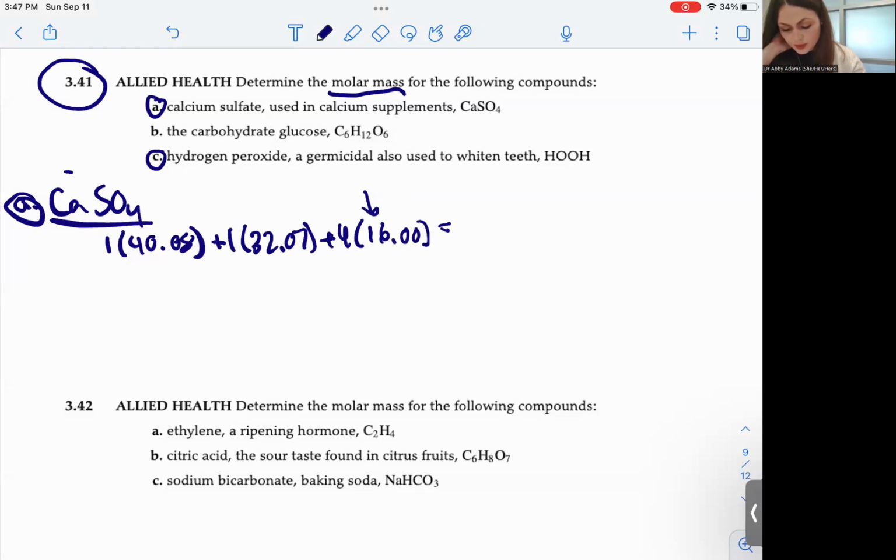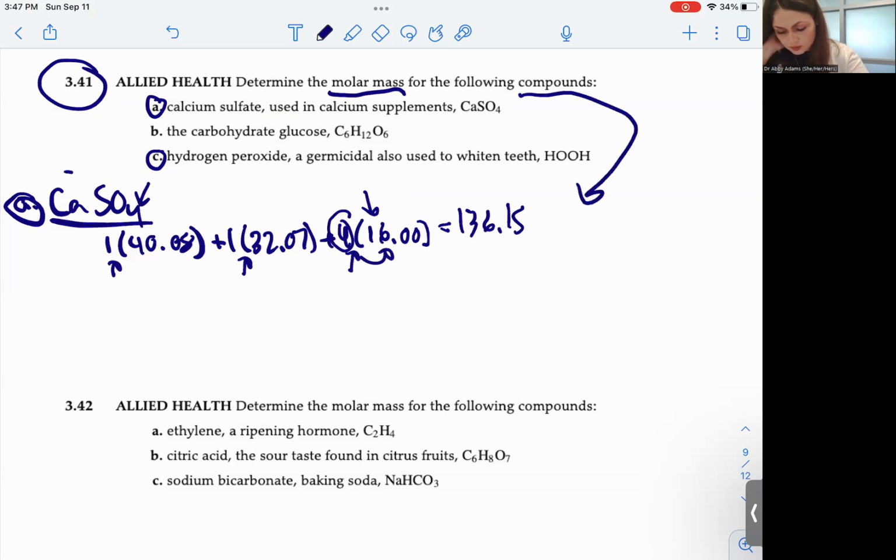So that's multiplication, because of the number of oxygen atoms you have here. That's 4 oxygen atoms times the atomic mass on the periodic table. You're going to get 136.15, and I told you that's grams per mole. It's on the slide.